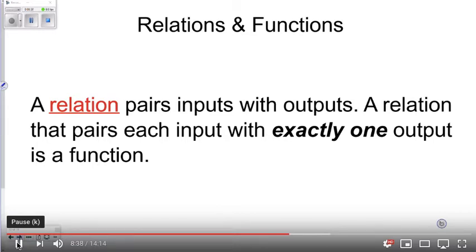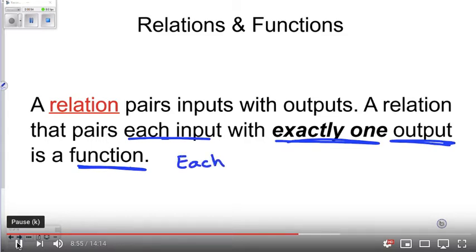A relation pairs inputs with outputs. A relation that pairs each input with exactly one output is a function. So in order to be a function, each input must have exactly one output. That means that each x only goes to one y.